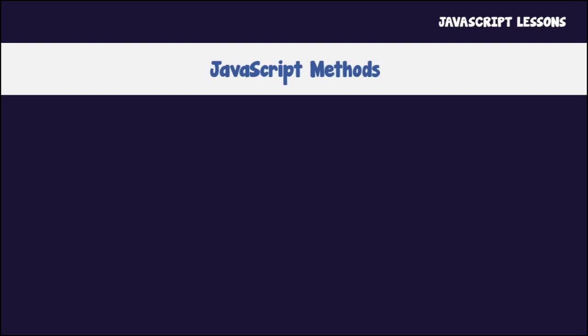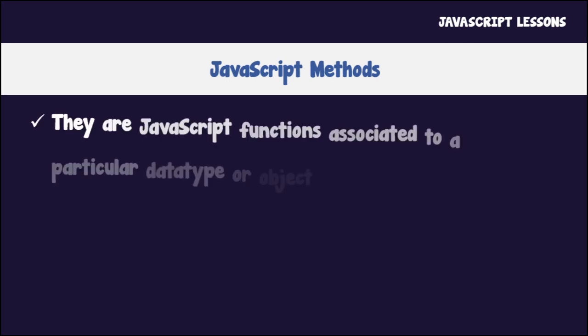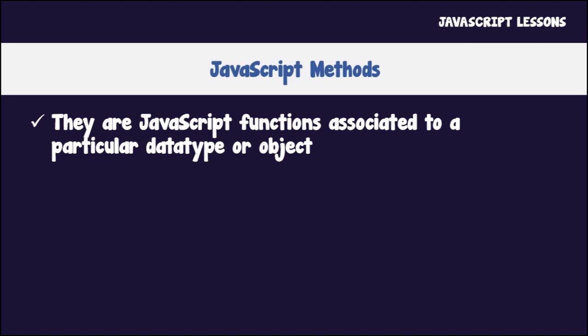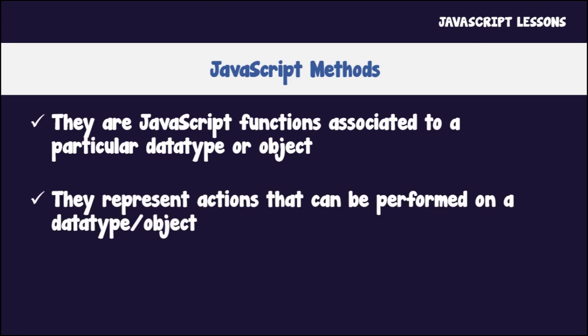Okay, now we are at the last part of this JavaScript lesson on JavaScript functions and methods. So what exactly are JavaScript methods? They're JavaScript functions that are associated with a particular data type or a particular object. So they represent the actions that can be performed on them. The data type might be a string or a number, but the methods are the functions that we can perform on them.